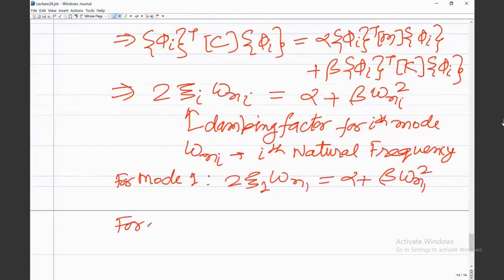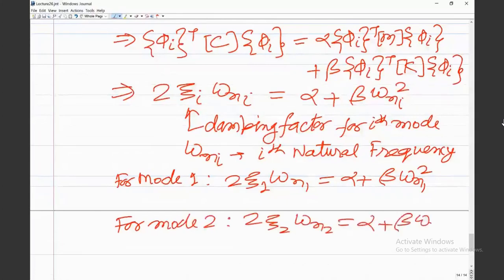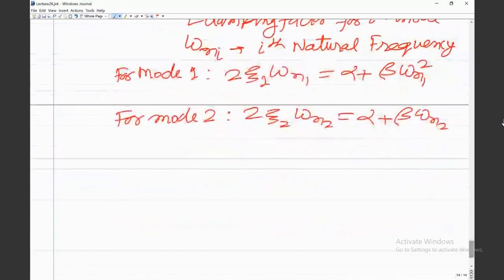For mode 2, we will have twice xi 2 into omega n2 is equal to alpha plus beta into omega n2 square. So xi 1 is the modal damping factor of the first mode, omega n1 is the natural frequency of the first mode, xi 2 is the modal damping factor of the second mode, and omega n2 is the natural frequency of the second mode. So now you have these two equations.